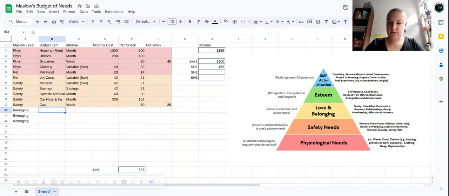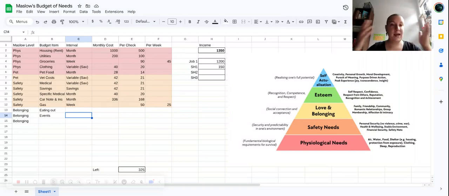So I'm going to say eating out, and then events. So events would be maybe your contribution to a party. Maybe you like to go to festivals. That type of thing. Whereas eating out is more your friends say, let's get tacos. Everybody gets tacos, right? So this is variable.